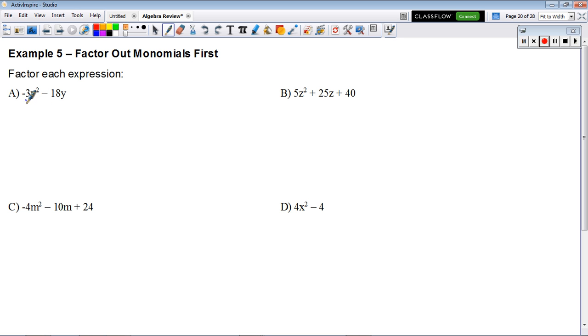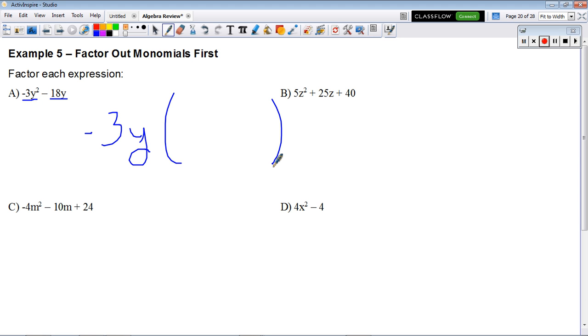So for instance, for part A here, I have negative 3y squared and negative 18y. If you notice with negative 3 and negative 18, I know that negative 3 can go into both of those. And I also notice that they both have y's in common. So I'm going to factor out a negative 3y.